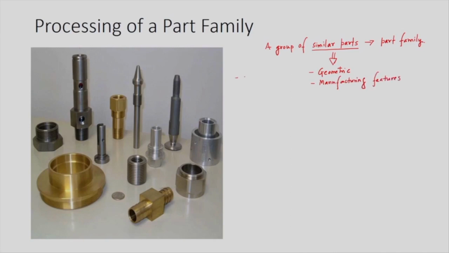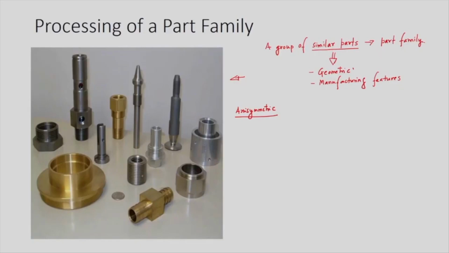Now in the part family which is shown over here, if you closely observe, you will find that all the parts are axisymmetric, and they have a variety of features which we have already seen. They have taper turning, internal threads, external threads, drilled holes and bored holes.